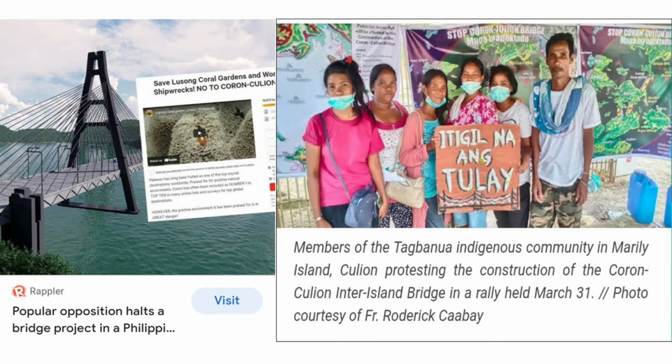Activists, indigenous groups and marine experts say the project would threaten the rich coral biodiversity in the area, as well as the historical shipwrecks that have made the area a prime dive site. The indigenous Tagbanwa community successfully fought against that project, which would cause destruction of the coral reef and the rich biodiversity, saying that they were not consulted about the bridge project.